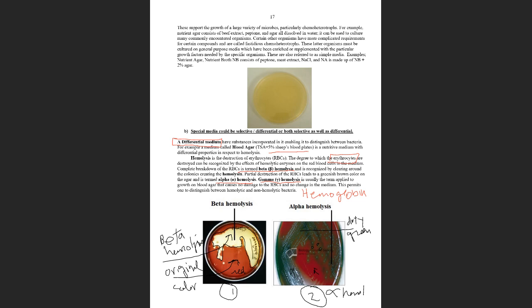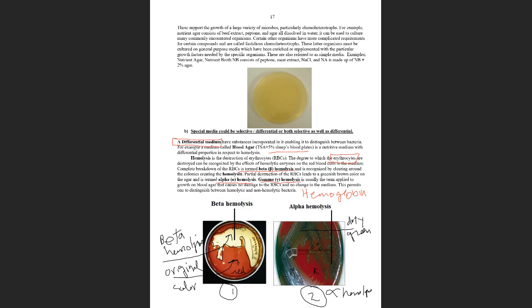This bacteria on plate number 2 could not break down hemoglobin completely because it's different from bacteria growing on plate 1. This one on plate 2 only hemolyzes hemoglobin to some degree, but not completely.